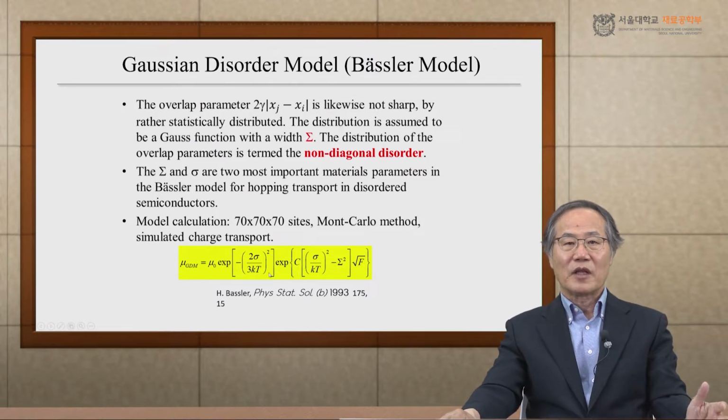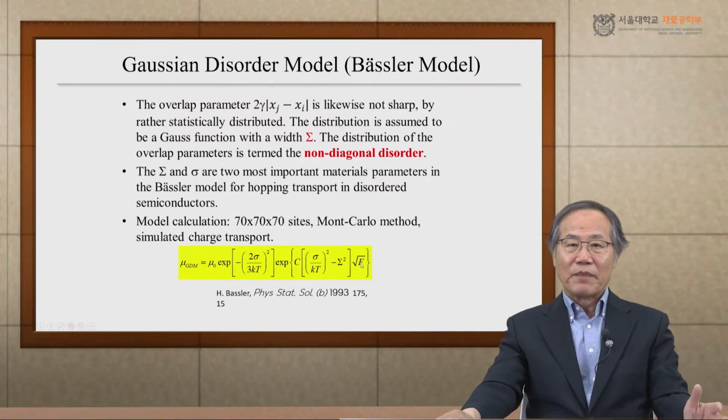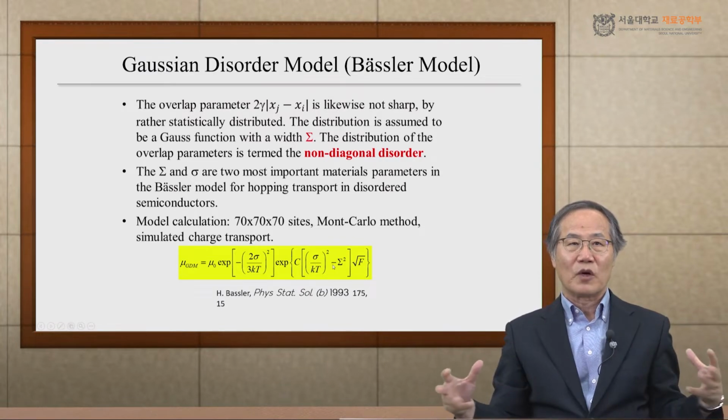And it turns out that the mobility depends on the exponential of the square root of F, and this is a phenomenologically good equation, because it is related to the reduction of the energy barrier by the electric field for hopping. But this equation has just two parameters, while there are a whole bunch of molecules with different mobilities.